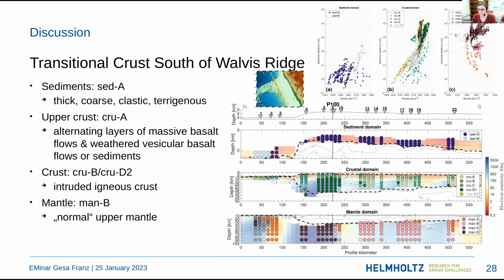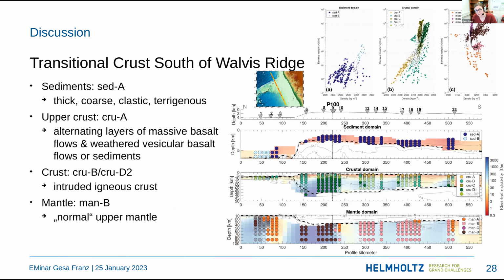And then the crust and mantle below these are in the median resistivity and median density ranges. So the interpretation there would be that the crust there is mostly a normal volcanic passive margin crust.